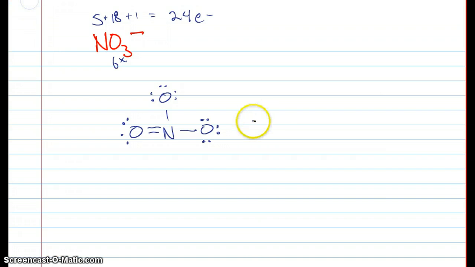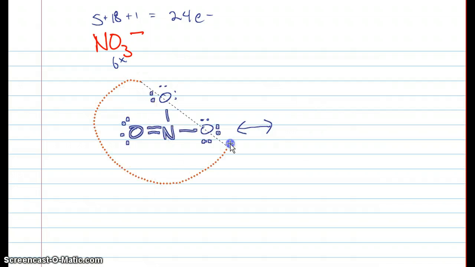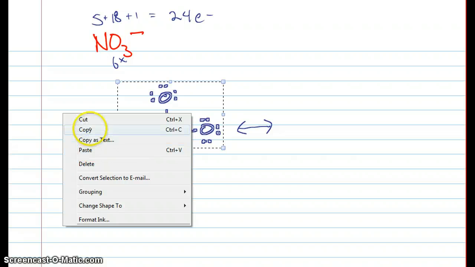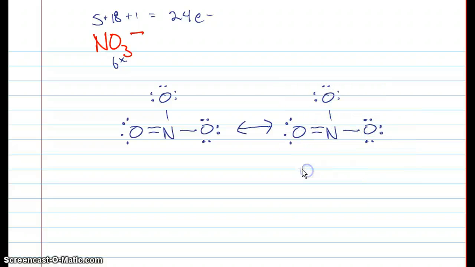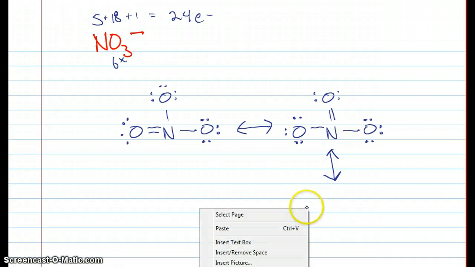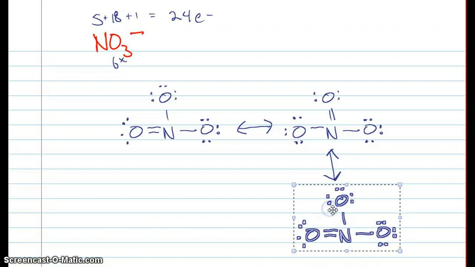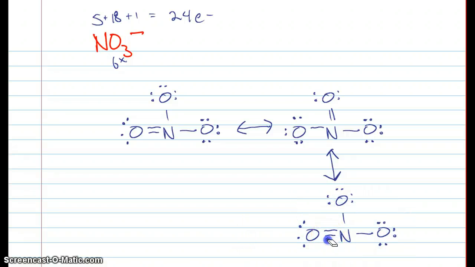And it turns out we could make 2 resonance structures simply by moving the double bond. So for instance, we could put the double bond on the central oxygen, or we could put the double bond on the oxygen on the right.